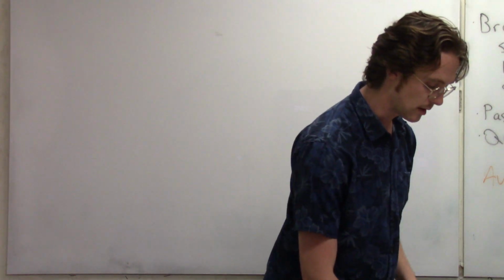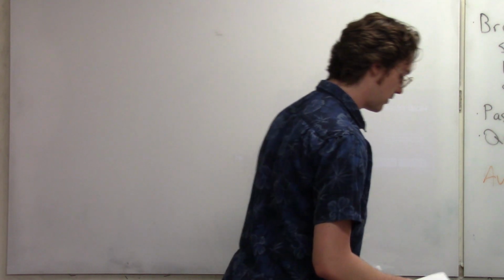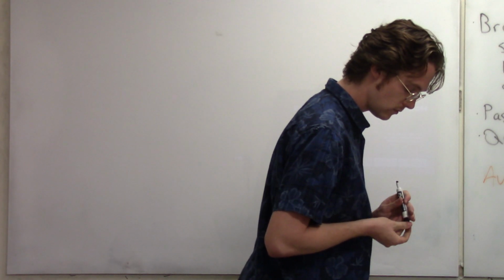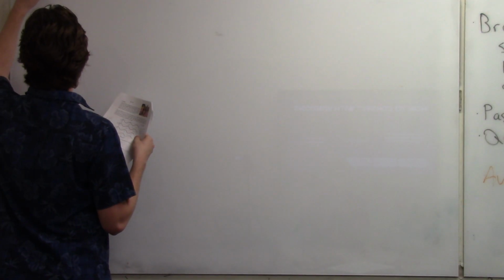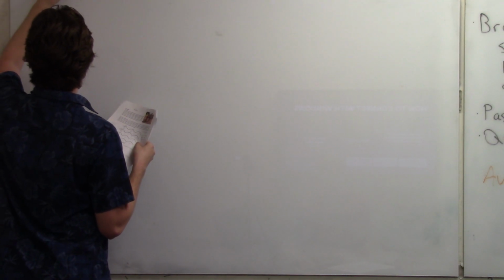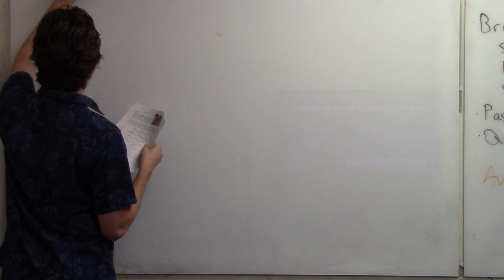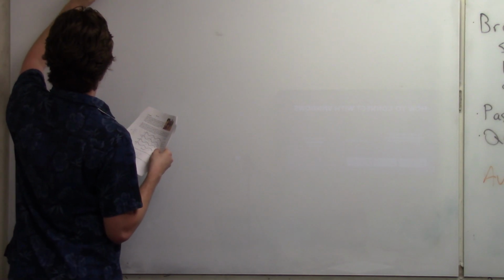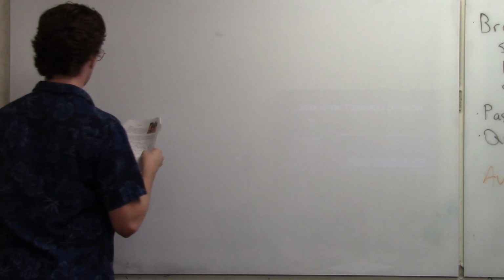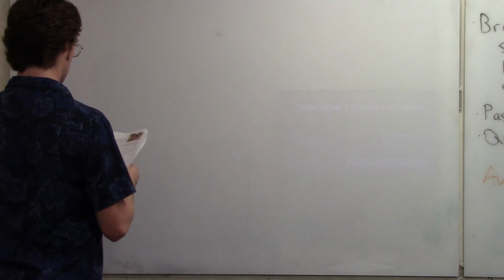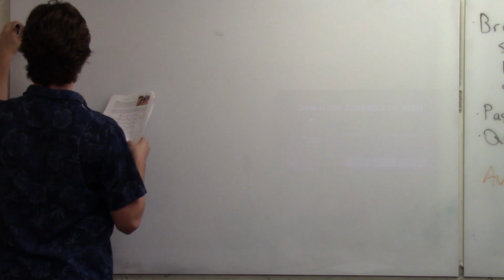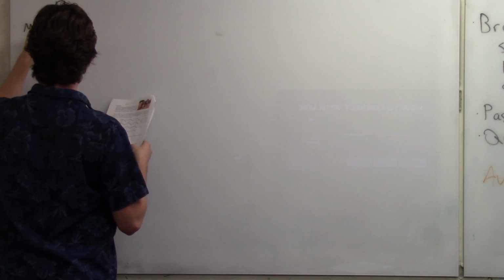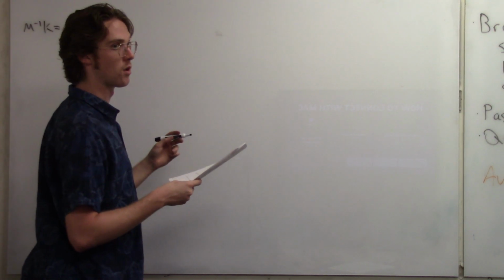So what I'm going to do is go ahead and draw out all of the things that we're given. The first thing is that omega is equal to the square root of 10 radians per second. The next thing is our M inverse K matrix, and it's a 4x4.